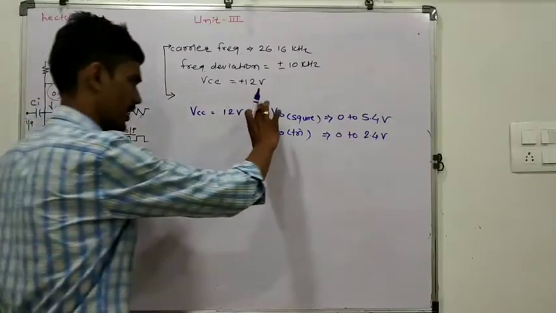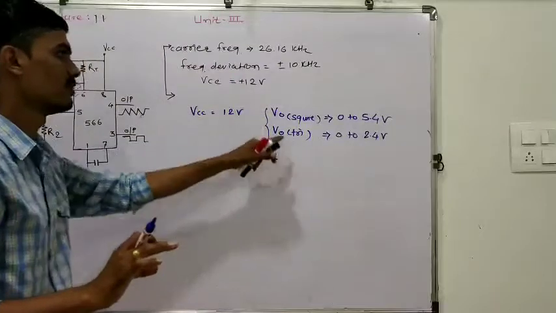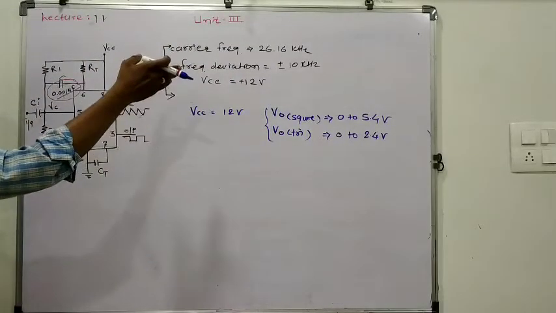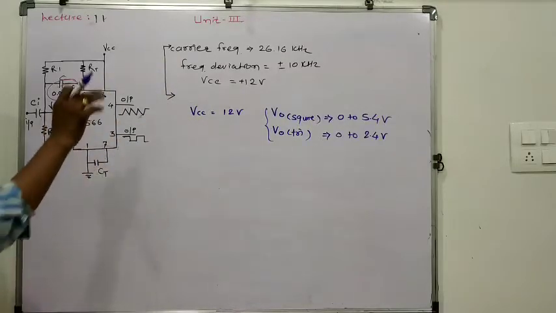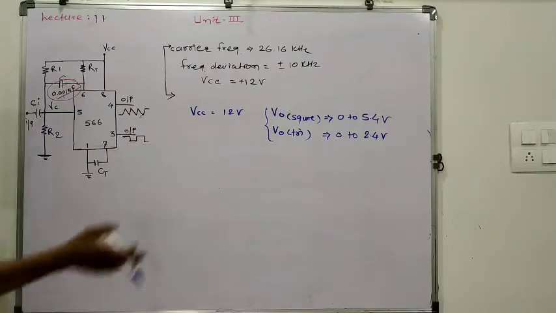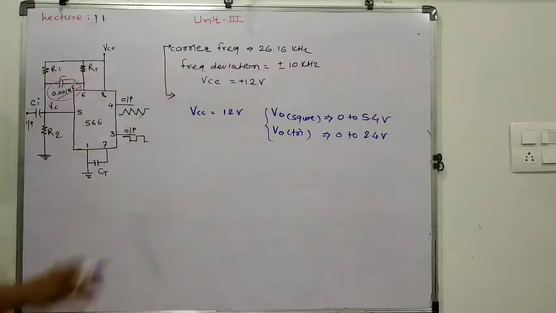I am just writing this down for the sake of information. Otherwise there is no need to write it, because the problem does not ask to calculate or change the amplitude of the FM modulated output. So we are considering VCC equal to 12 volt.